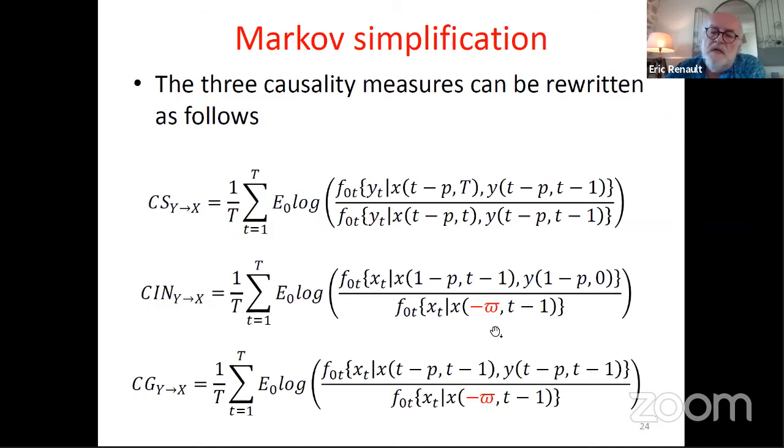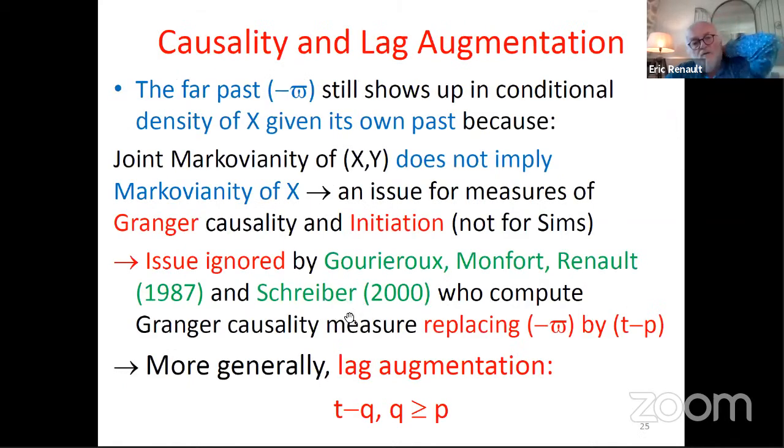Because when Y does cause X, even though Y and X are jointly Markov for the P, X in isolation is in general not Markov for the P himself. So I'm not allowed to stop at T minus P. I have to go until the infinite past, or at least all my initial values, if I look at this causality measure. The funny thing is that this fact has been ignored by Gouriéroux, Monfort, Renault, and by Schreiber, and all these guys.